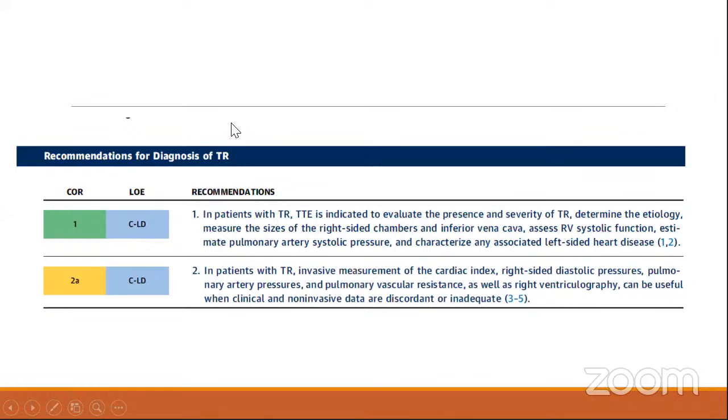And this is a class 1 indication. In patients with tricuspid regurg, invasive measurements of the cardiac index, right-sided diastolic pressure, pulmonary artery pressure, and pulmonary vascular resistance, as well as right ventriculography, can be useful when clinical and non-invasive data are discordant or inadequate, and they class this as a class 2A.